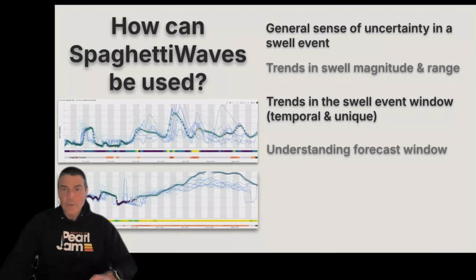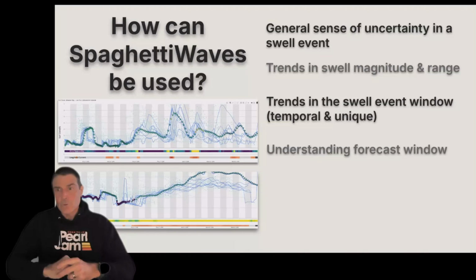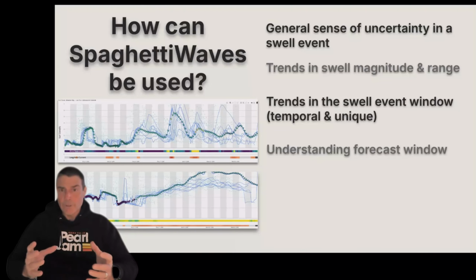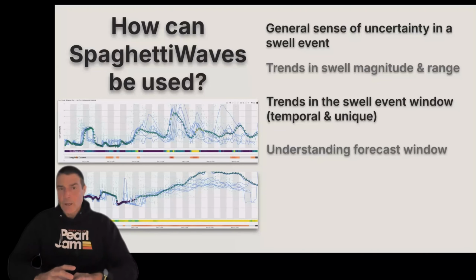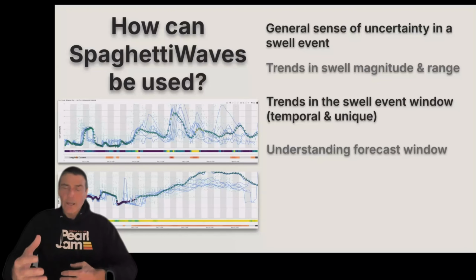Another thing, some of these tie together a little bit, is understanding the forecast window. When I say forecast window, I mean the window in time into the future when the forecast is fairly certain. So if you have tremendous spread out past 7 days, your forecast window is really 6 or 7 days.